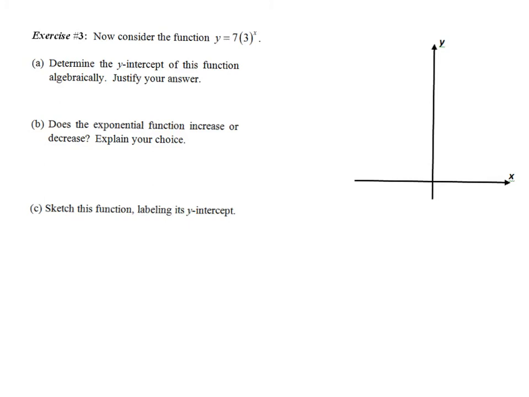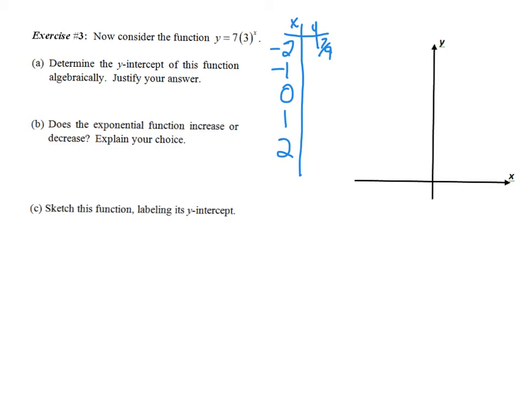Let's make a table of values for this one as well. So I'm going to use similar values for my input. Let's start with -2, -1, 0, 1, and 2. So this is going to be 7 times 3 to the -2. So that's 7 times 1/9, or 7/9.